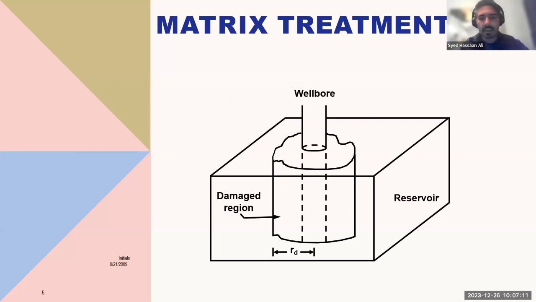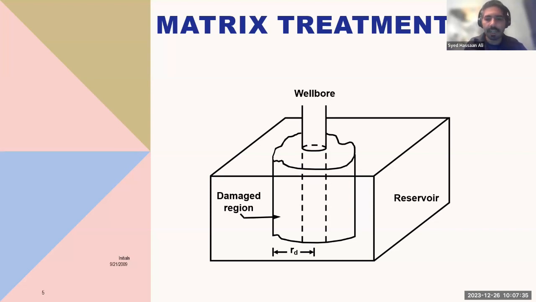This is just a quick introduction about the wellbore, the reservoir and the damage zone. The damage region is a region in a formation which is not producing oil and gas. It is usually situated around the wellbore. It is damaged by different drilling conditions.